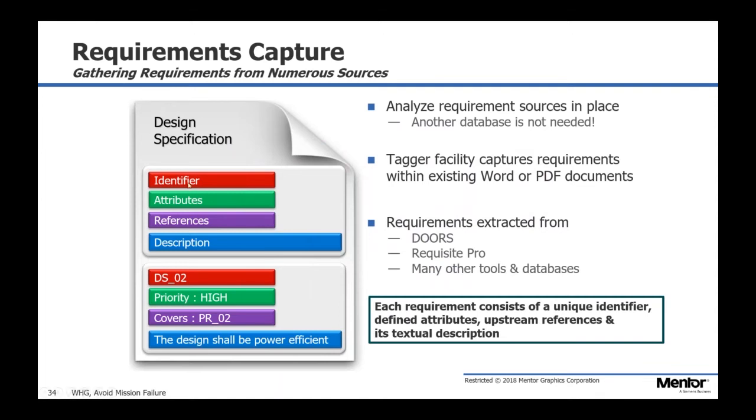The requirements always have an identifier. You might optionally have attributes like priority or safety critical or other things. You may have references that reference back to a higher level, and then the description is the requirement text. ReqTracer has a few tools to help you generate those requirements.